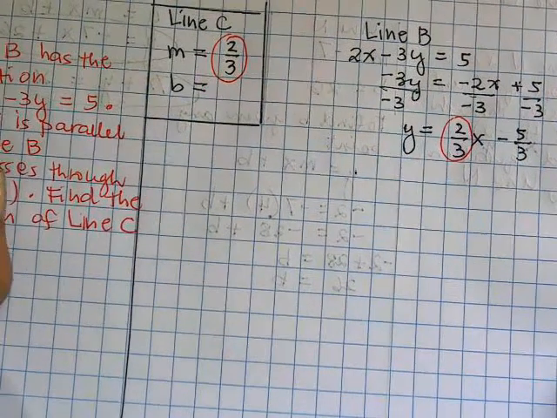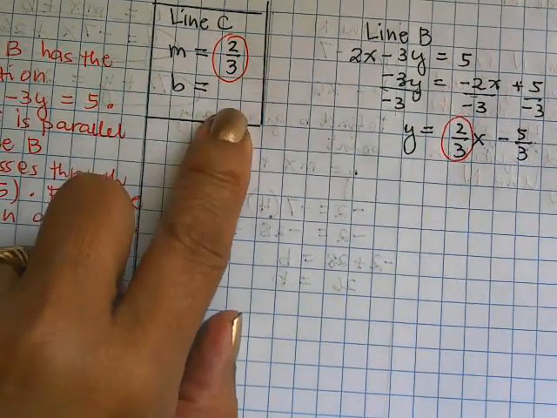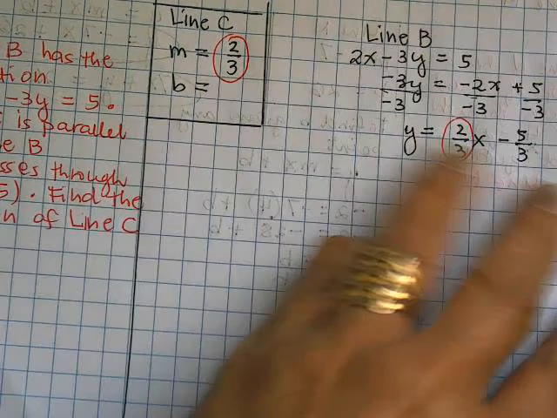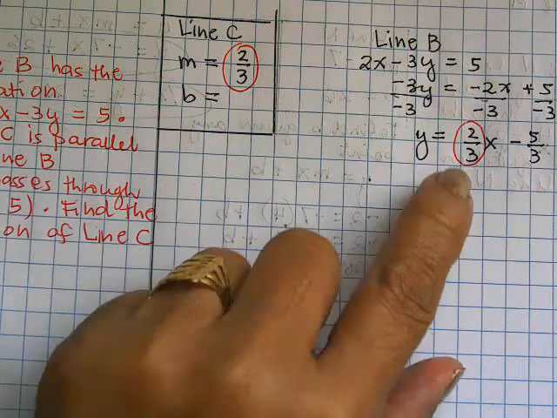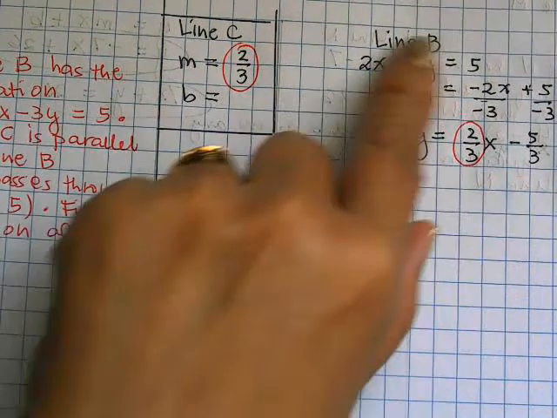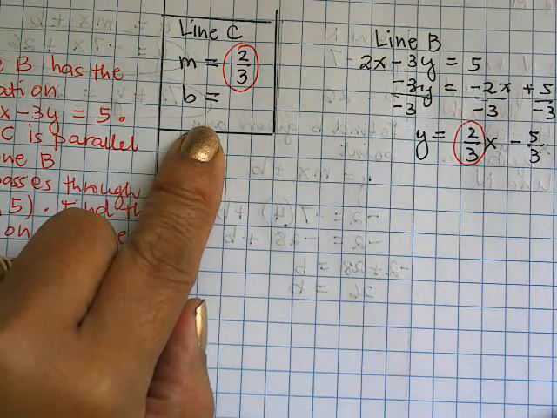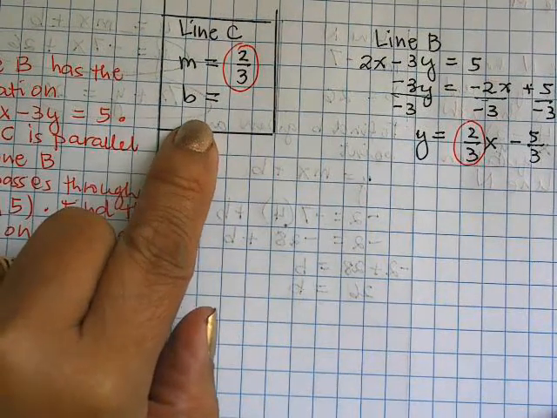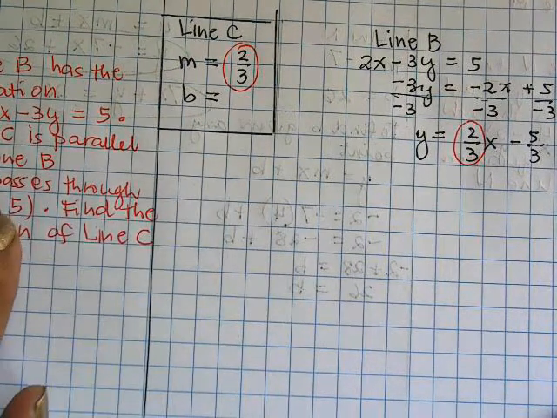Now find the equation of line C. This is what we are working on, not line B. Line B is already done. It has its equation. So after finding the slope, we can say goodbye to line B and concentrate on line C. We have to find the y-intercept of line C using this point again.